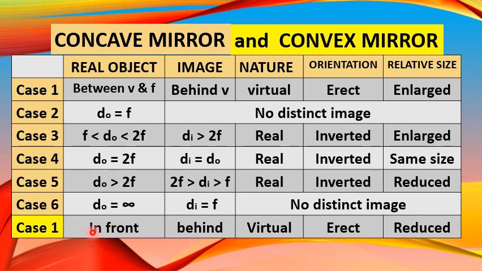That is, if the object is at a finite distance in front of the convex mirror, then the image is always formed behind or at the back of the convex mirror, and it's always virtual.